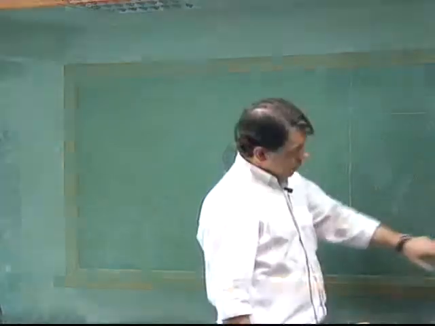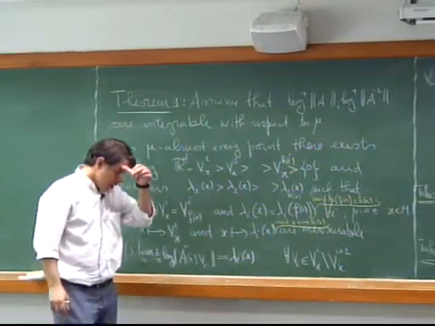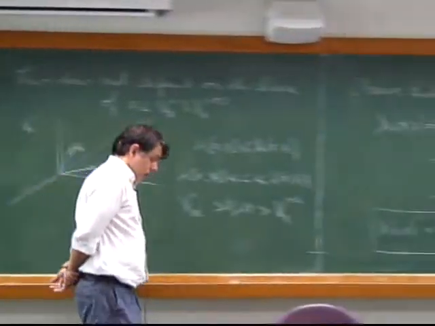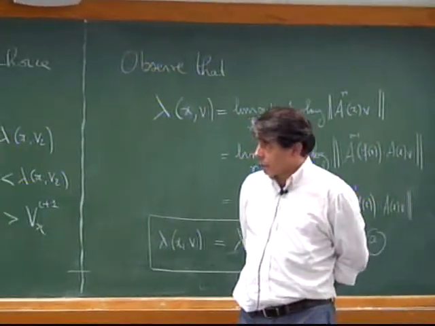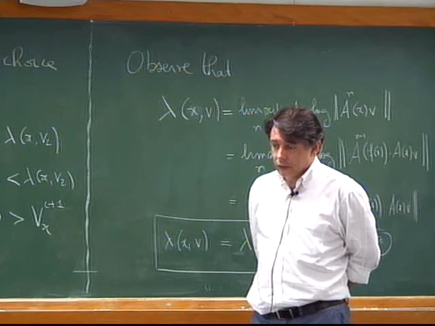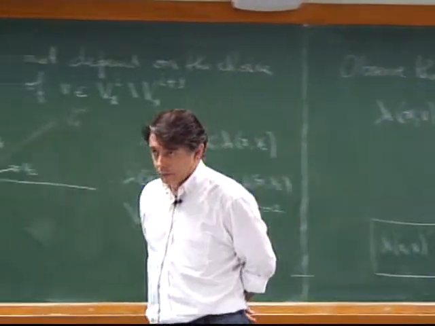So what I'm going to do next is to talk about part B, measurability. That's not a difficult part of the argument, but it's not entirely trivial to prove that these objects vary measurably.